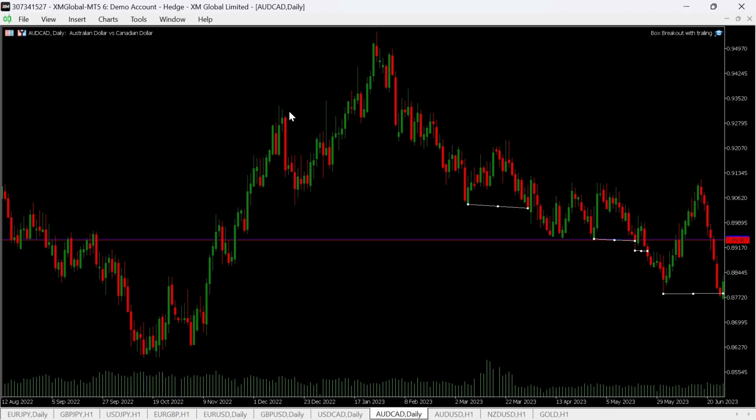We will take this one as a higher high, and this is a higher low, because if we take this as a higher low, this one is going to be lower than this one, so it won't make sense. So this one is going to be a higher low, and then we are going to take this as a higher high.